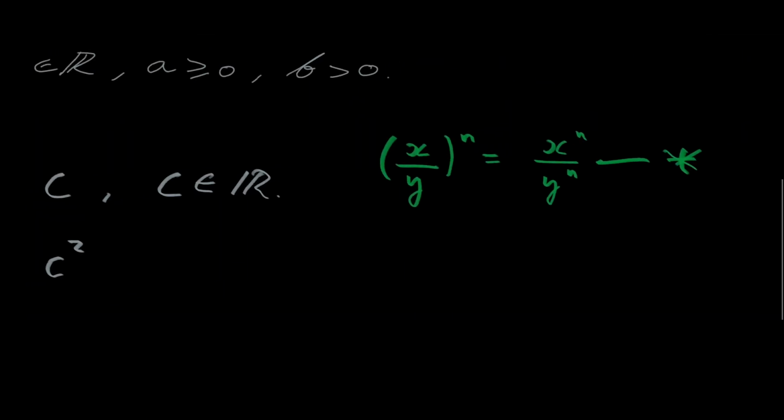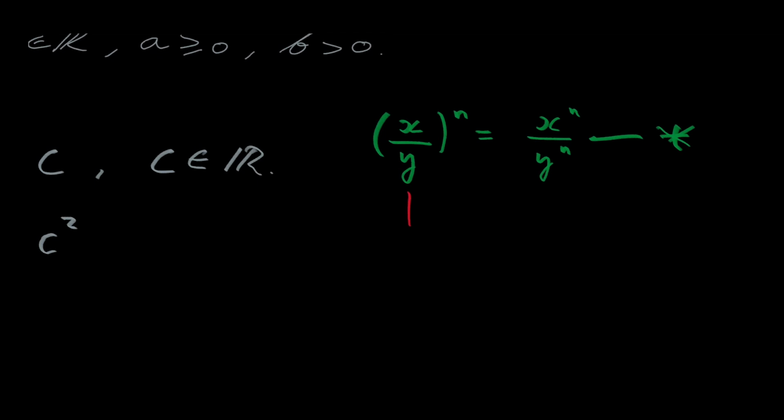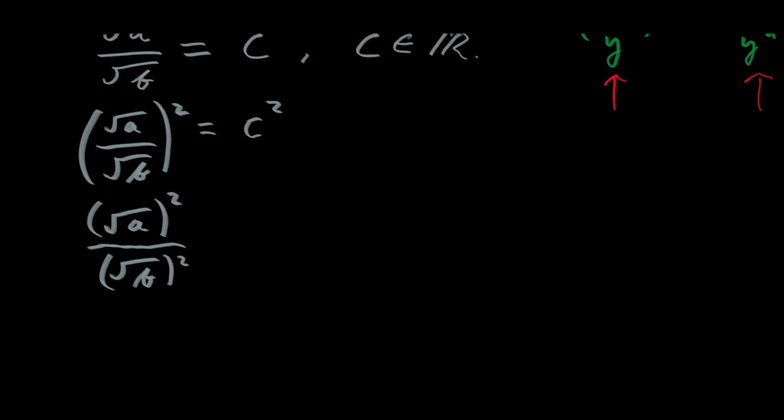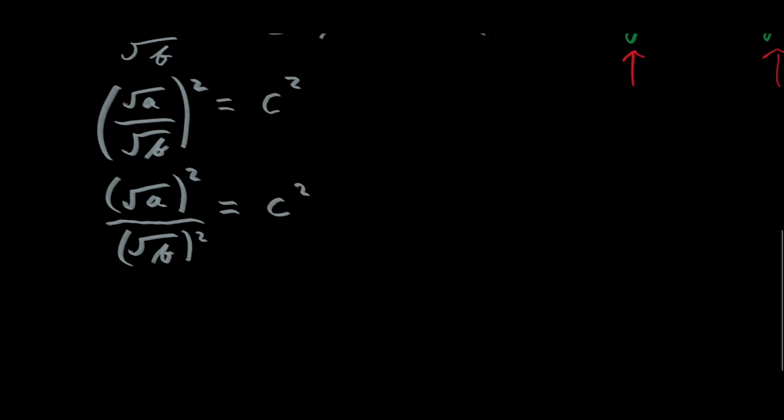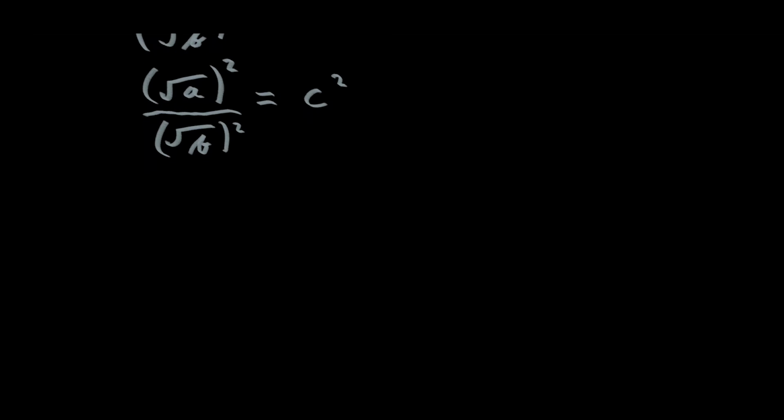So we had this kind of setup on the left-hand side, and we've rewritten it like this. On the right-hand side, we're still just left with c squared. Now those squares are going to undo the square root, so in the numerator we'll just be left with a, and we can drop the brackets as well, divided by b. And that's still equal to c squared.